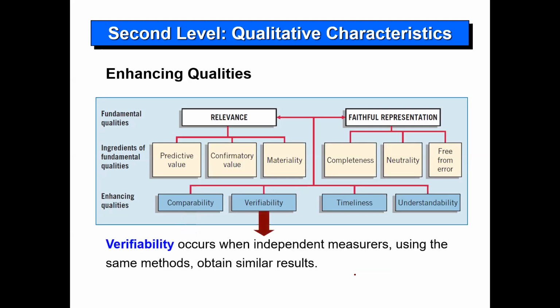Verifiability occurs when independent measurers using the same method obtain similar results. Part of that is due to the auditor, who is considered an independent measurer. So whenever he comes and applies, for example, re-performance of the depreciation method and obtains the same result, these numbers are verifiable.